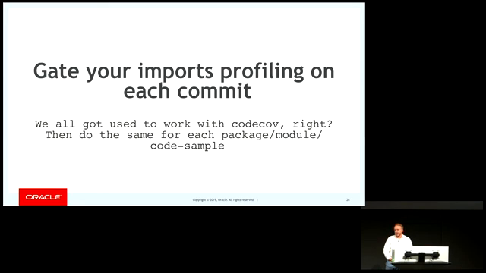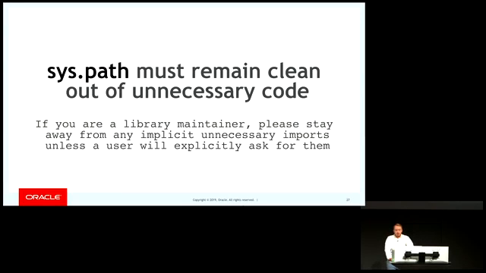Okay, you have 4 cores and probably 16 gigabytes of RAM, which is not fair to other people who want to save some money on infrastructure. And the sys.path has to remain clean. I'm going to show you how to actually keep it clean. It's going to be a hack, but it actually works, and it's more efficient than the regular import system.